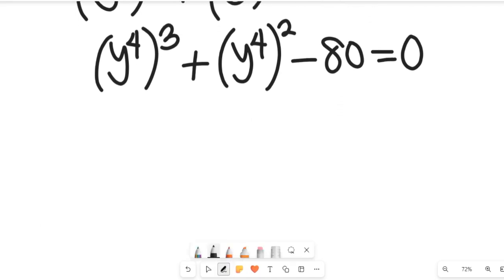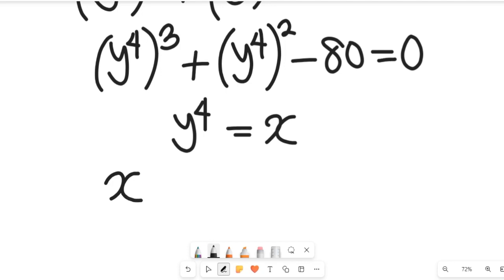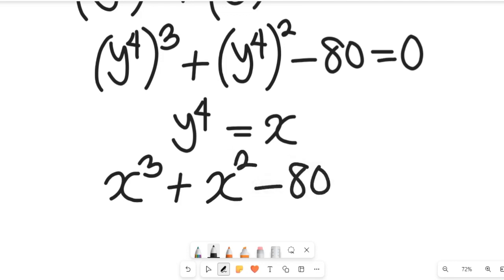Now from this expression, let us let the value of y to the power of 4 be equal to x. That means wherever we see y to the power of 4, replace it with x, and this will be x to the power of 3 plus x to the power of 2 minus 80, and this will be equal to 0.